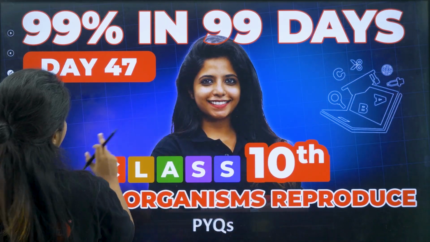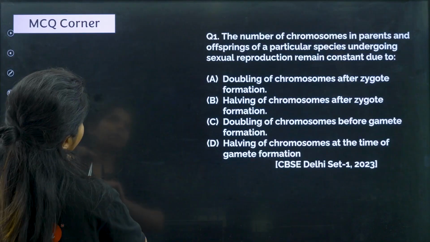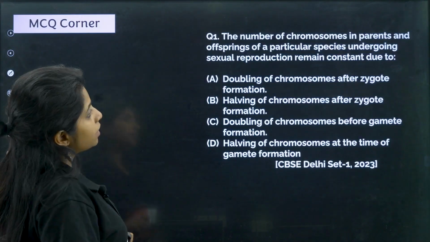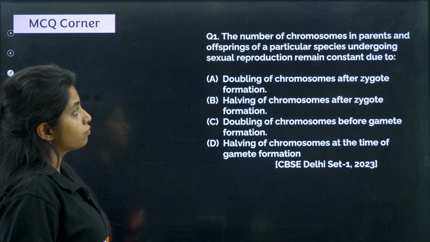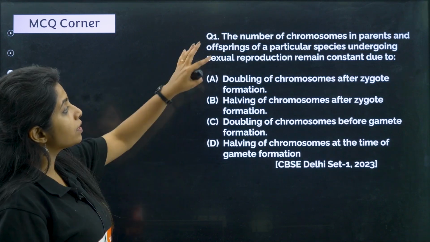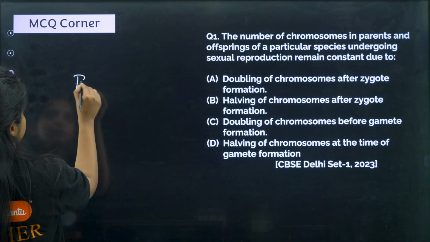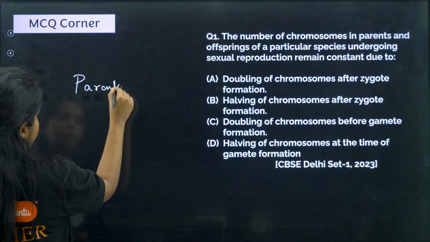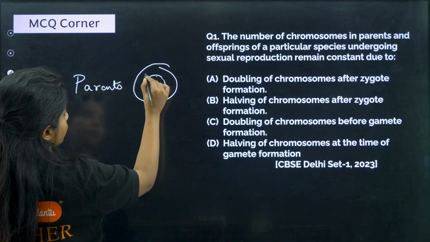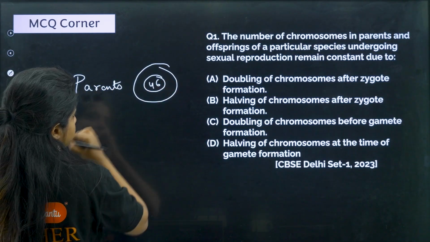The first question for the day is: the number of chromosomes in parents and the offsprings of a particular species undergoing sexual reproduction remains constant due to. So they are saying the parents, suppose this is a cell, and in that the number of chromosomes is 46.